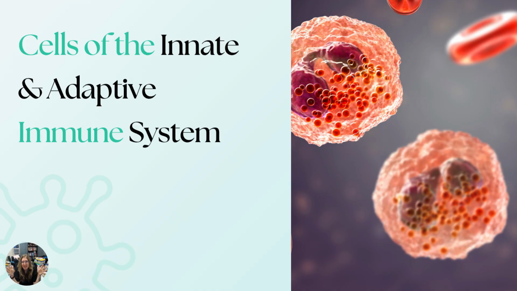So now we meet the cast of our characters. We've already talked about several of these cells, but now we're going to organize them according to what they actually do in an immune response. And one thing I really want you to avoid is thinking neutrophil equals innate, B cell equals adaptive, and stopping there.